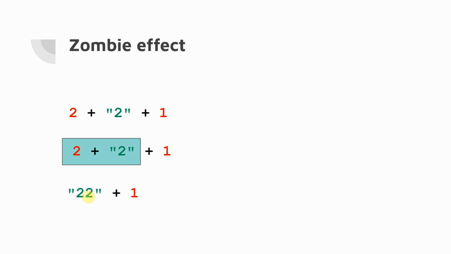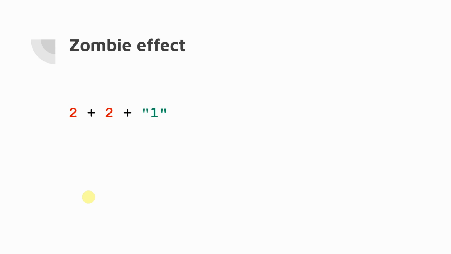Now these both are strings. Now this "22" interacts with 1, which is a digit, and as we know the "22" here is a string, it will turn the second number into a string as well, so it will become 221.